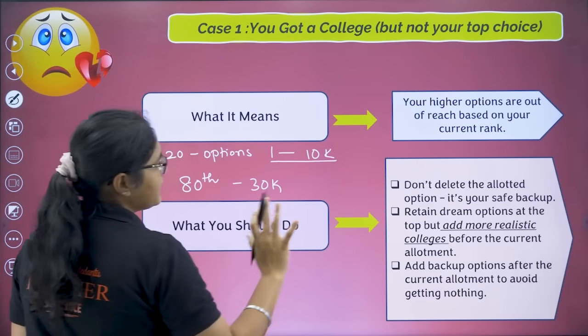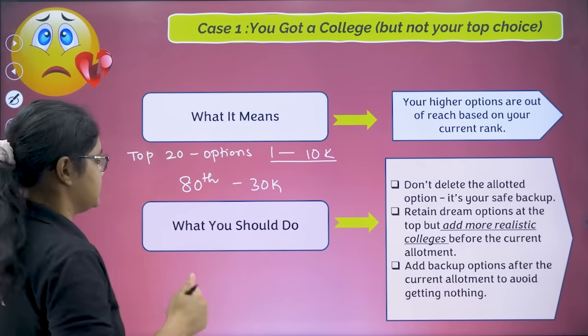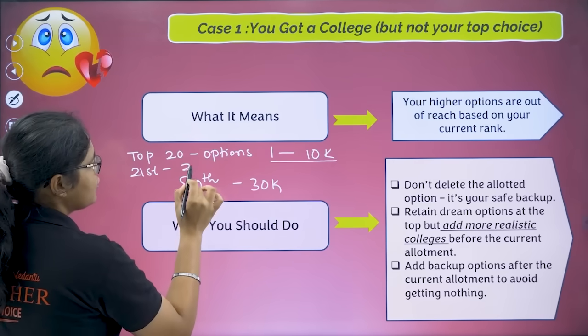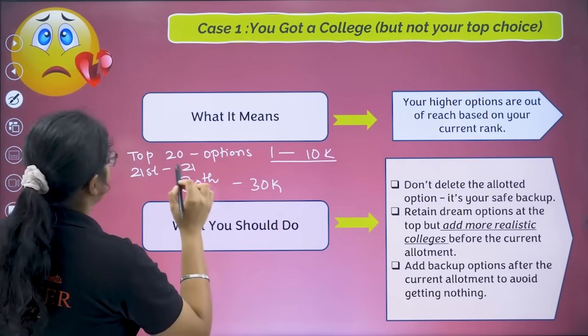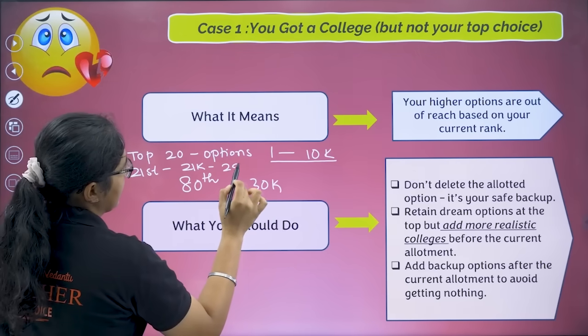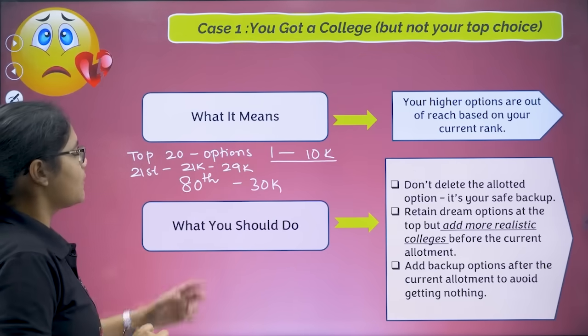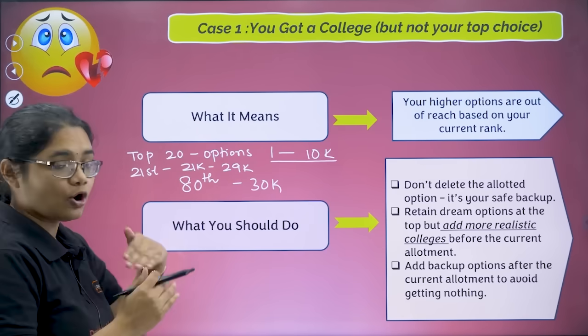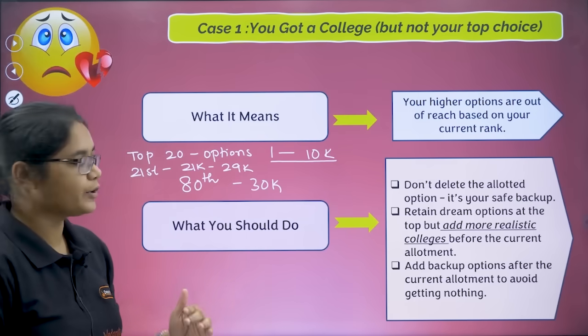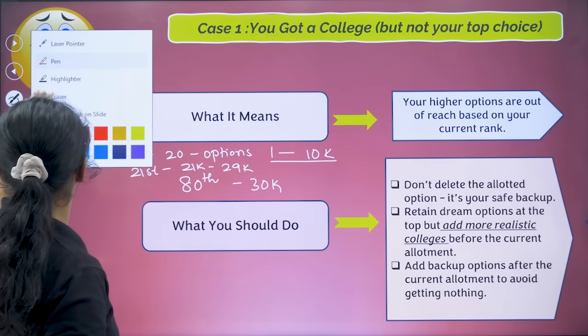Top 20 colleges you can add, but from the 21st college you should start around 21k rank, up to 29k. So you can add more realistic options here.